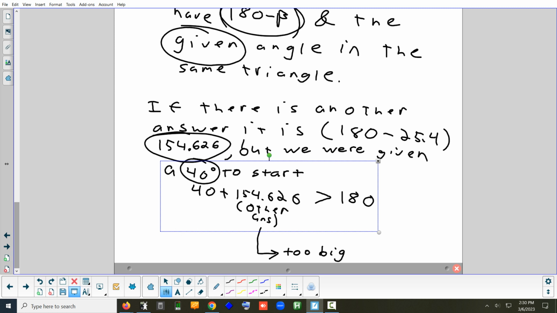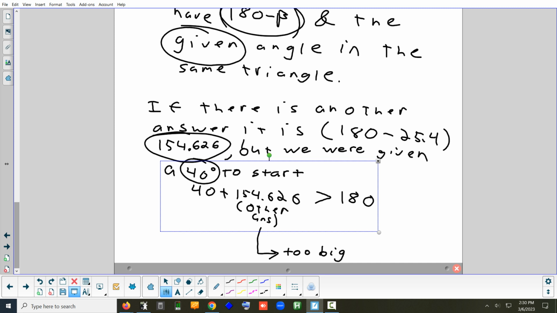Now, if this second answer was, let's make up something simple, like 100, well then yes, I would have said that would have worked, because then you would have had 40 plus 100, which is not bigger than 180. So we're going to finish this one, but tomorrow we'll look at one where the second answer fits. But today it doesn't.